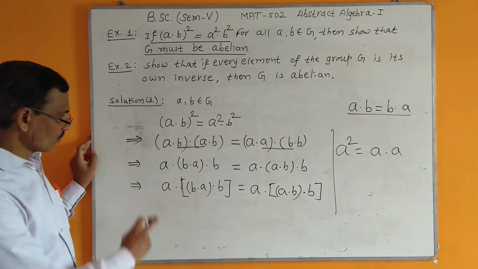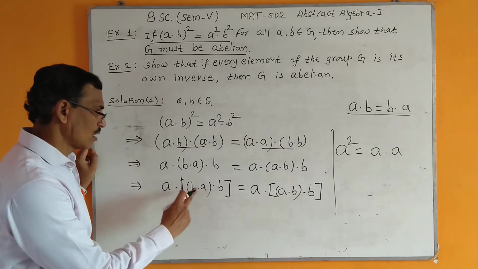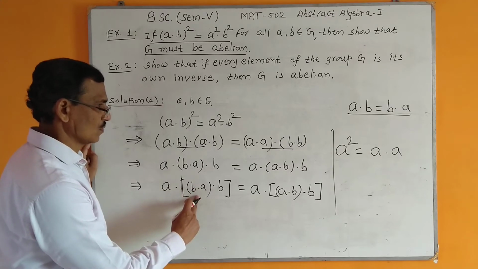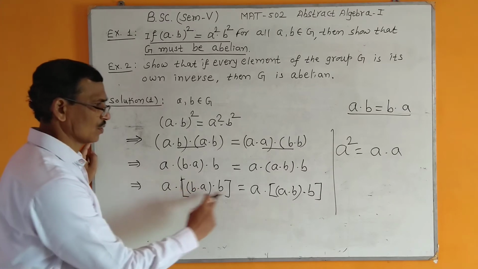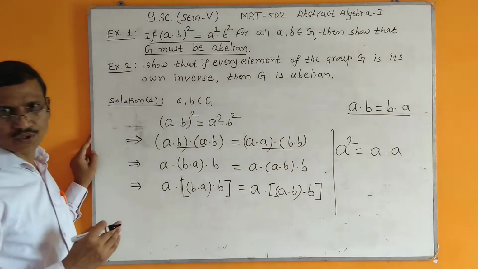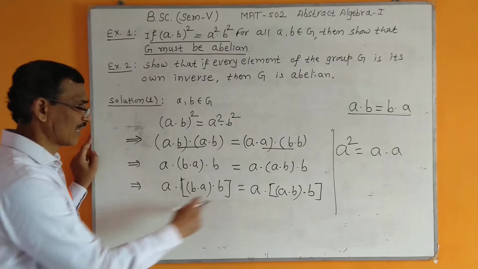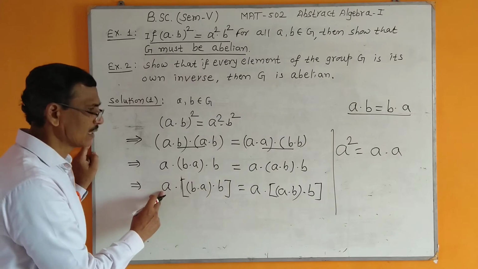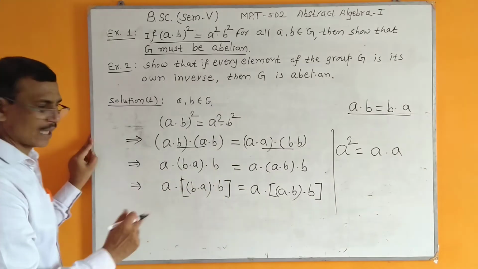Now here, this is of the type a·u equals a·w. We know that this implies u is equal to w. That means by the left cancellation law, we can cancel a on the left side.